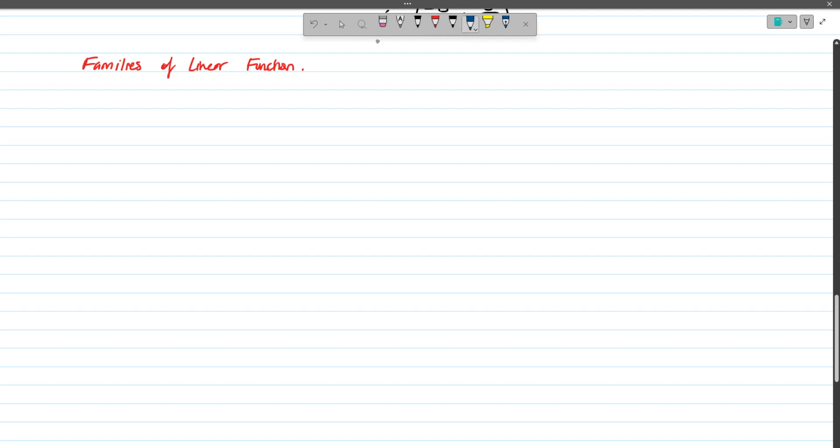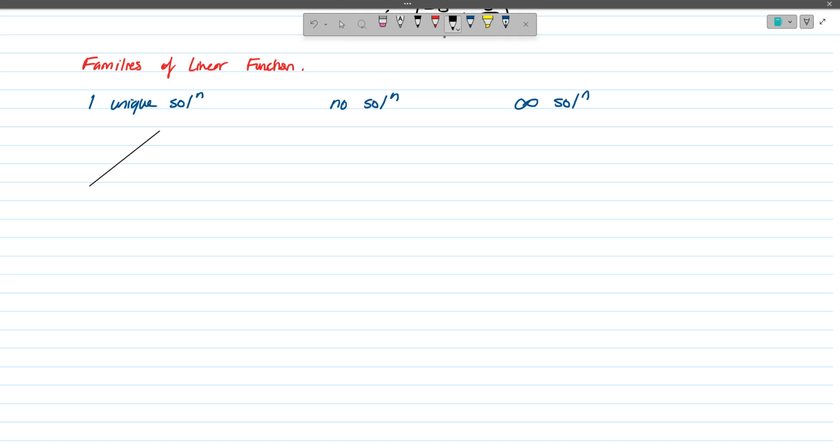For the families of linear functions, we'll be looking at three different main cases where we can have one unique solution, no solutions, and then we can have infinite solutions. And what I'm referring to here is a unique solution is when you have one intercept.